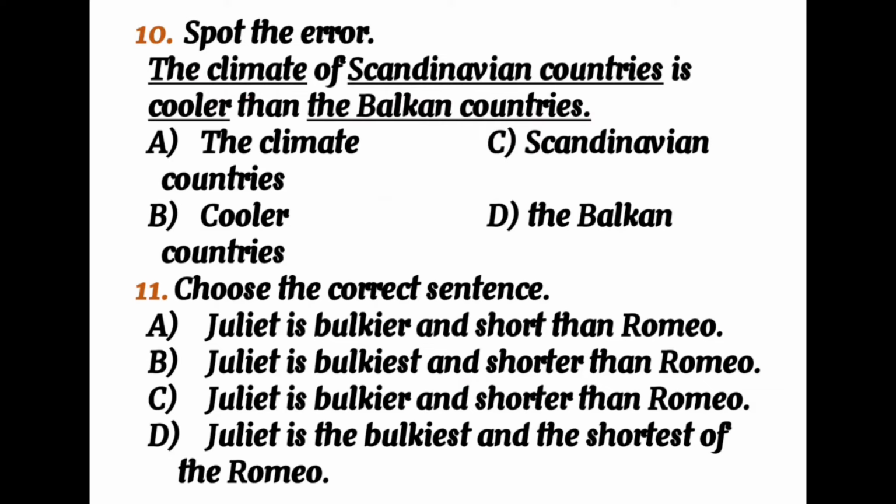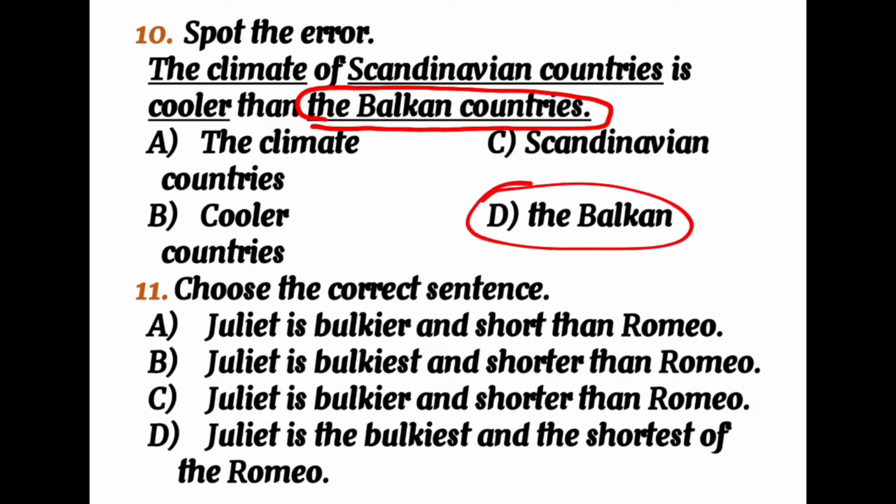The climate of Scandinavian countries is cooler than the Balkan countries. Climate is cooler than countries. This is not possible. There is a problem. The problem is actually the climate of Scandinavian countries is cooler than the climate of Balkan countries, right? Cooler than the climate of Balkan countries. This is the problem. So where is the option with the Balkan countries? Delta. This is the option.